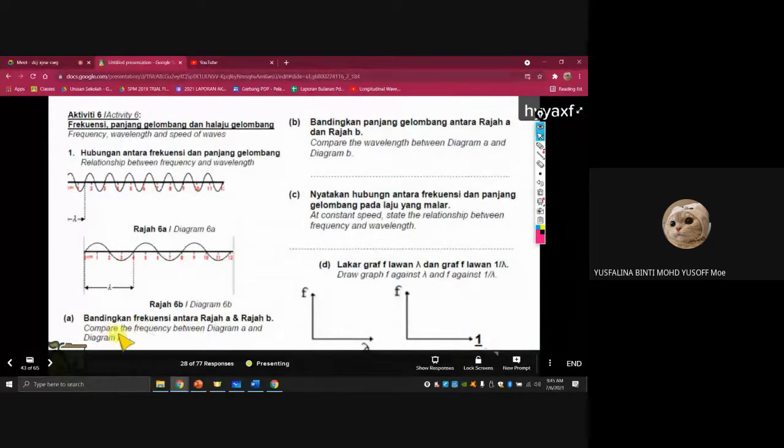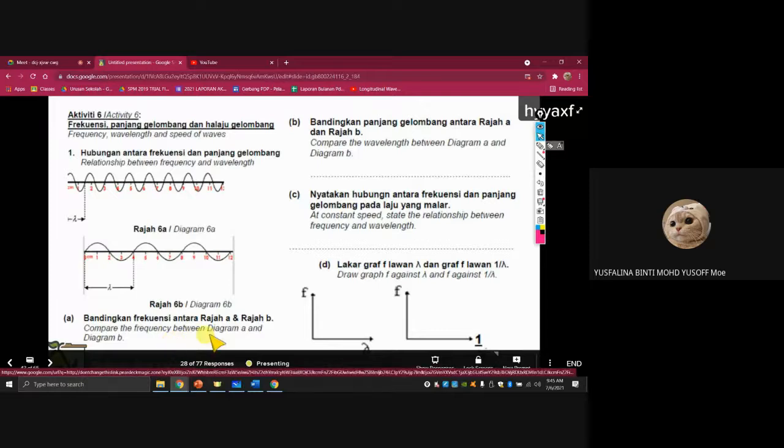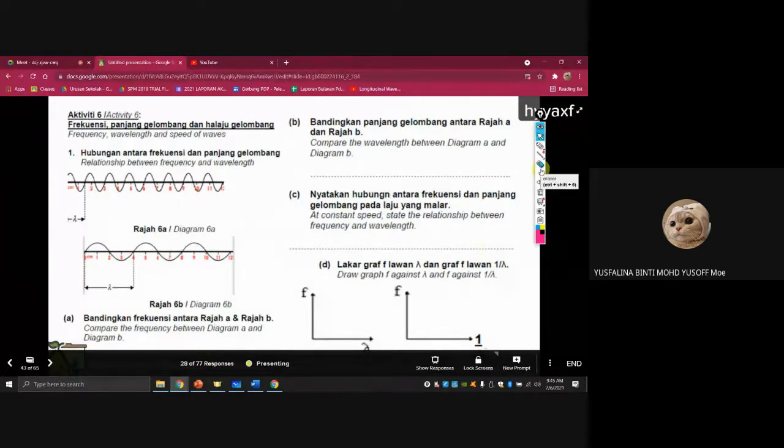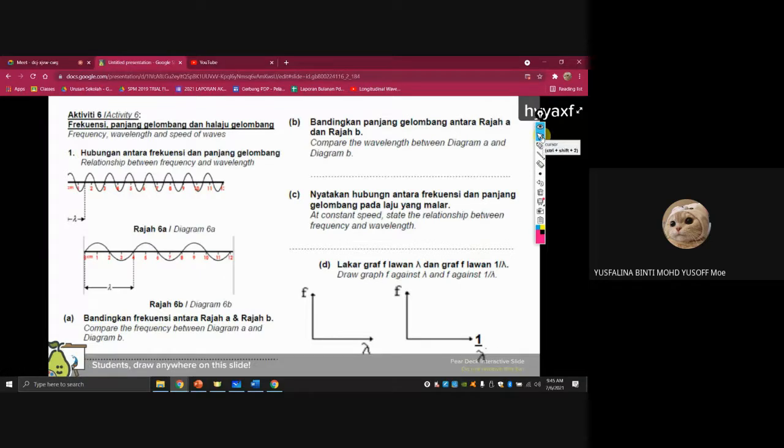It asks you to compare the frequency between diagram A and B. So what you have to do is, frequency in diagram A is higher.